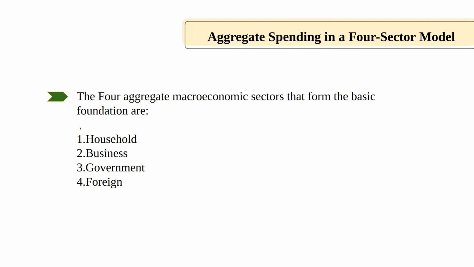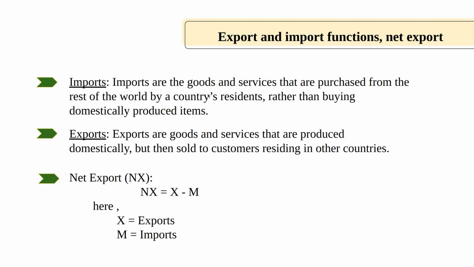This includes imports and exports. Exports bring money into the economy. Imports send money out of the economy. Net export will be NX equal to X minus M, where X is exports and M is imports.